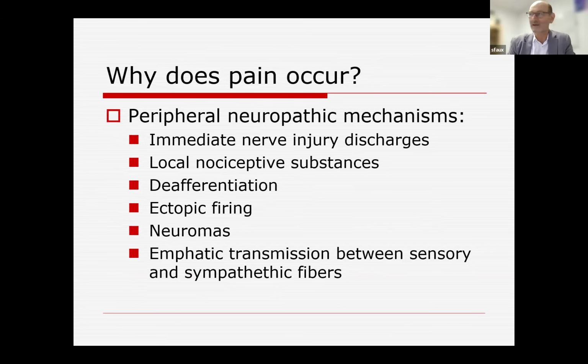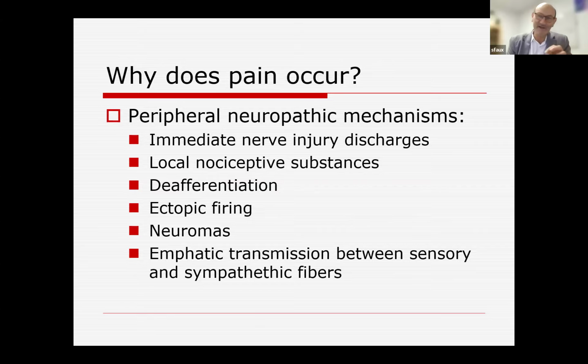Sometimes there are peripheral neuropathic mechanisms, like nerve injury itself, which sends aberrant and erratic discharges. Sometimes there are local nociceptive substances, so if there's a lot of inflammation or cytokines. Sometimes we get what's called deafferentation pain: when a nerve's cut, some of the myelin dies back and then the axon dies back.